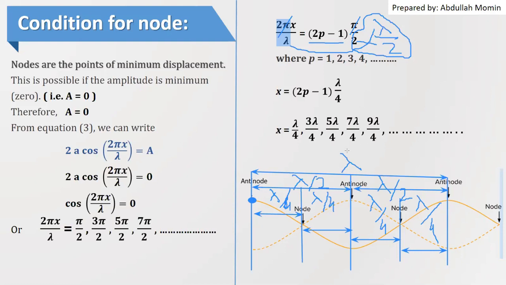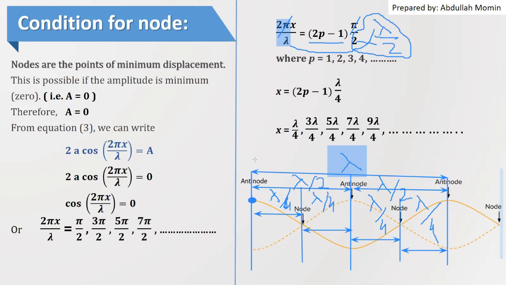The 4s get cancelled, and we get lambda. So what we are doing here is marking the distance in terms of lambda.